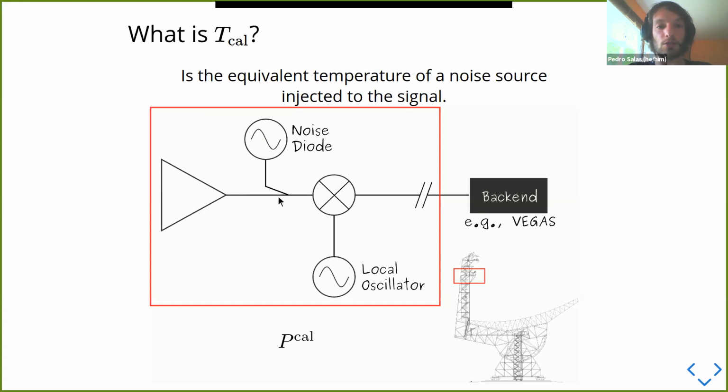Every other cycle, in general, the front end will inject this source of noise into your signal, which is known beforehand, or you can rederive its temperature by looking at a source of known flux density. And this will then enable you to convert from power into temperature units, because this way you can measure the system temperature, as we saw in the first slides. So that happens every so often.